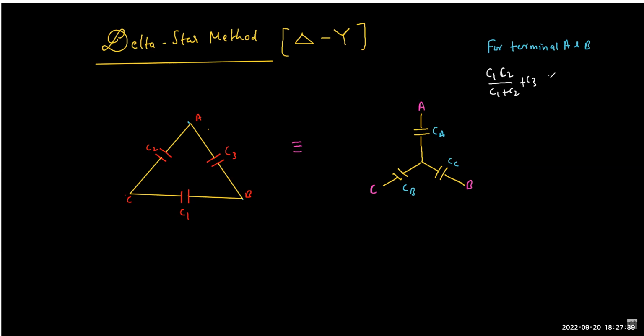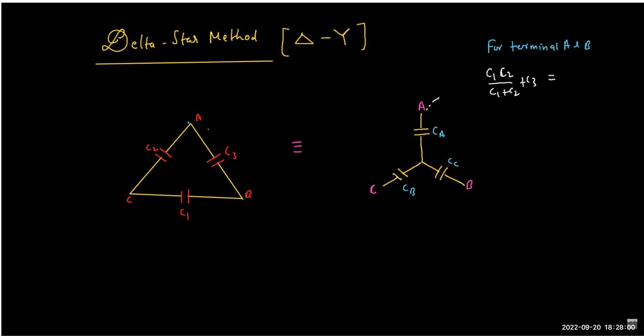But if you try to do the same thing in the Y transformed circuit, what is the equivalent capacitance between A and B? If I choose these as terminals, then the equivalent will be only these two in series, CA and CB, but CC will be of no use, right?